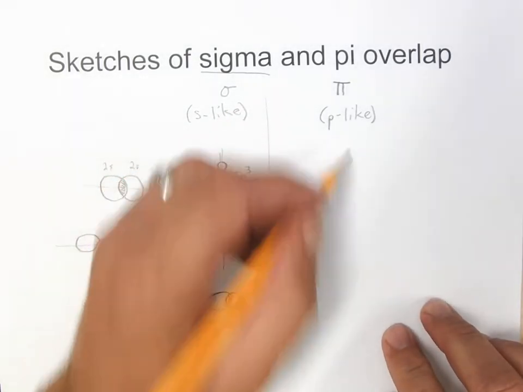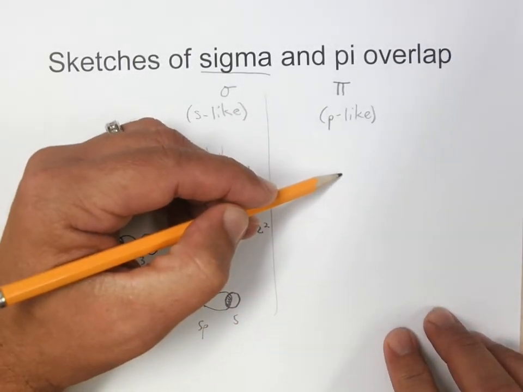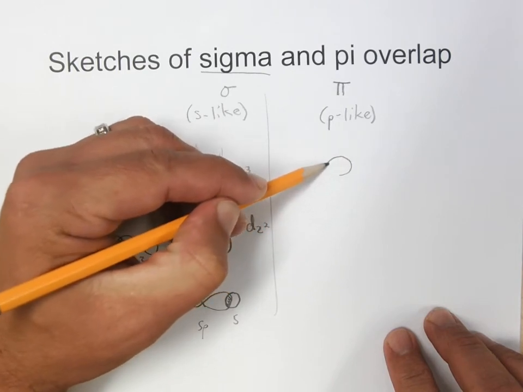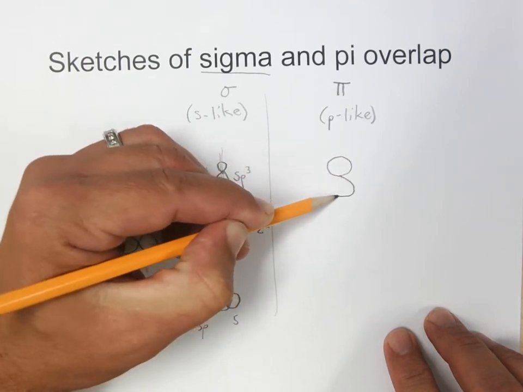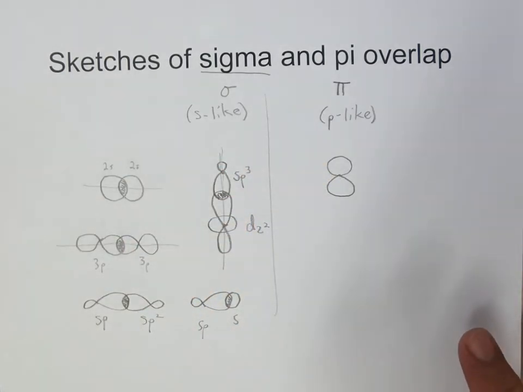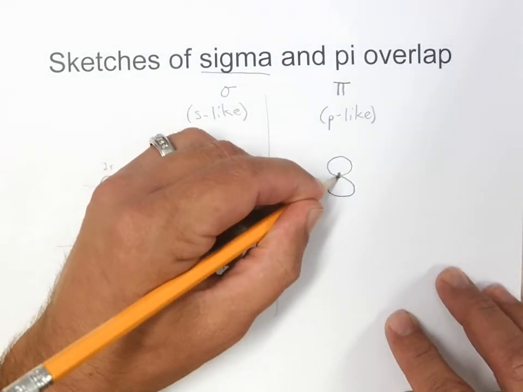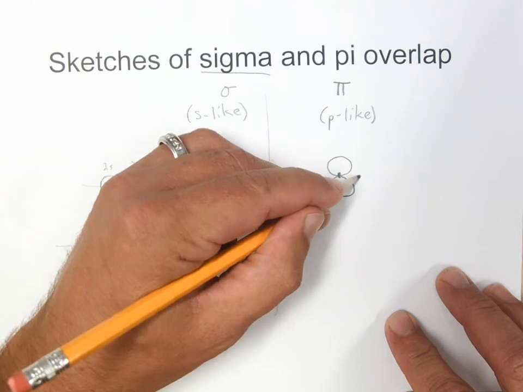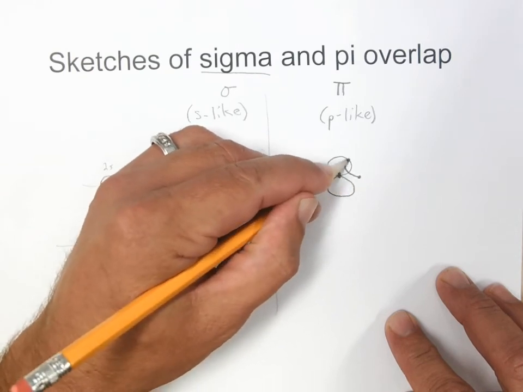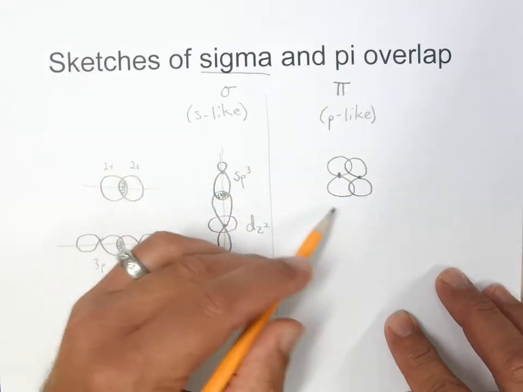Now how do you get a pi overlap? A pi overlap comes from a double interaction between orbitals. When we draw these p orbitals, we normally draw them too skinny and long compared to what the real wave function looks like, and that can be misleading. But if you have a p orbital on one atom, and it gets close to the p orbital on another atom, then you have this interaction.